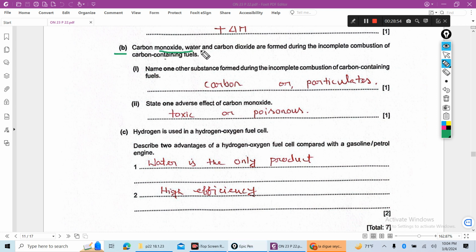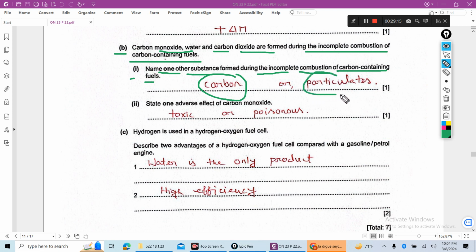B. Carbon monoxide, water and carbon dioxide are formed during the incomplete combustion of carbon containing fuels. Name one other substance formed during the incomplete combustion of carbon containing fuel. So here carbon may form, or particulates.